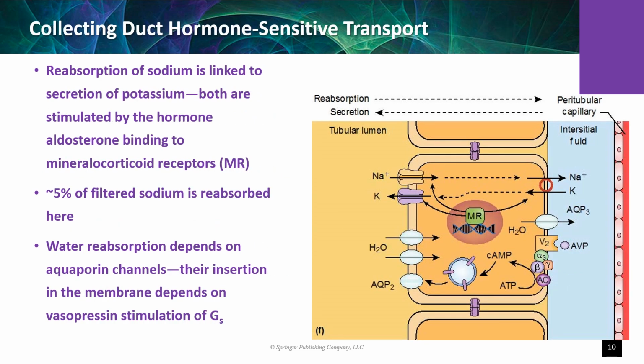Principal cells are the primary cell type in the connecting tubule and collecting duct, and these are target cells for the hormones aldosterone and vasopressin.